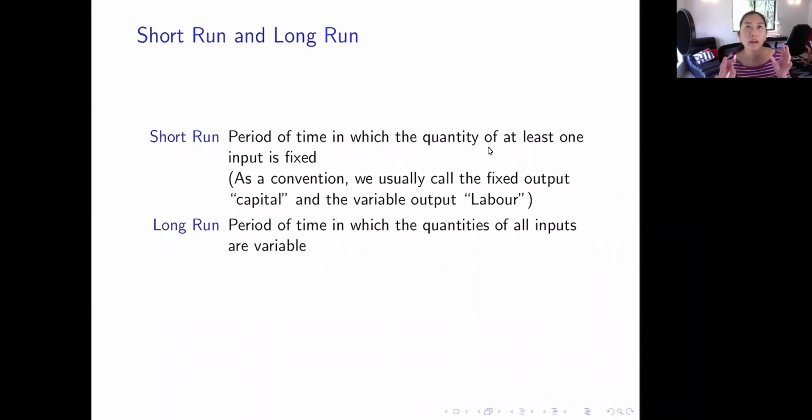So we do not have a specified time duration for the short run or long run. As long as at least one of the inputs is fixed in that time duration, then that time is called short run. If there is no fixed input at all, then that is the long run situation.